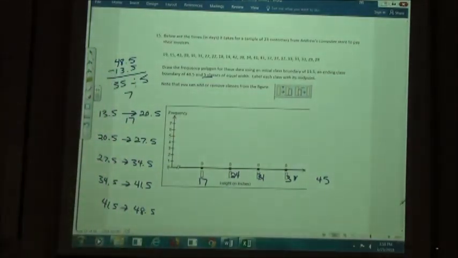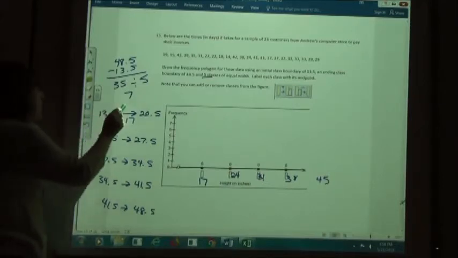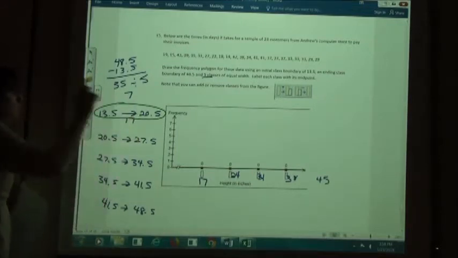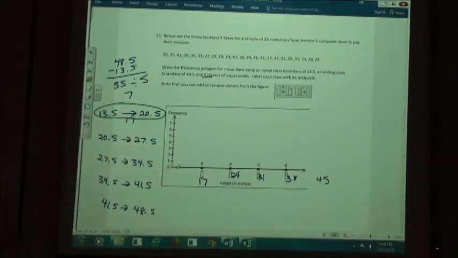All right, so now we have to figure out how many numbers are in each section. So between 13.5 and 20.5, so from 14 to 20, how many numbers do we have? 4.